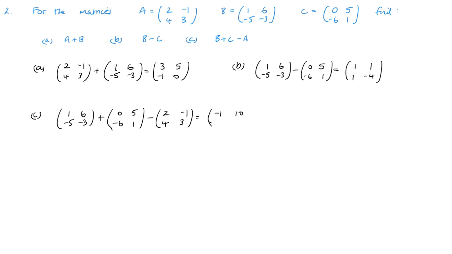Minus 5 plus minus 6 is minus 11, plus 4 is minus 7. Minus 3 plus 1 is minus 2, minus 2 minus 3 is minus 5. And there we have question 2.